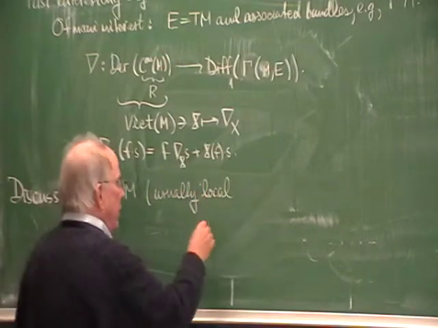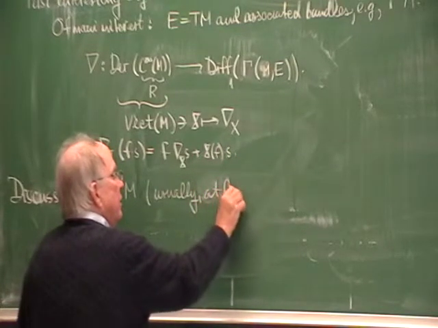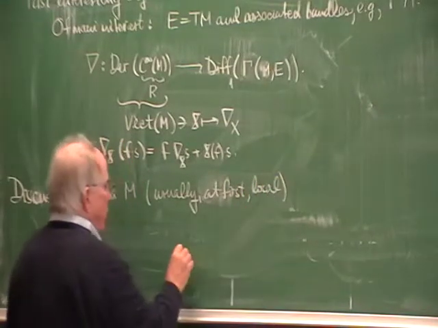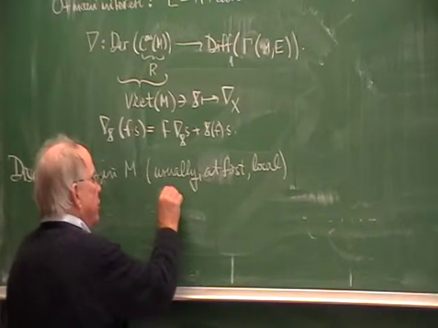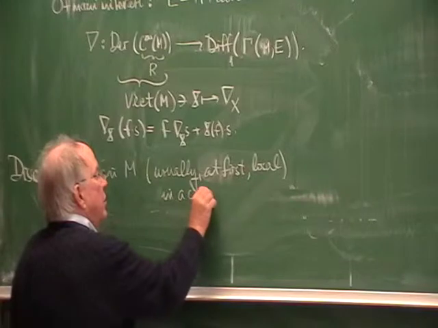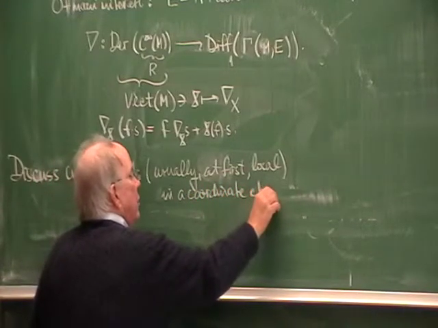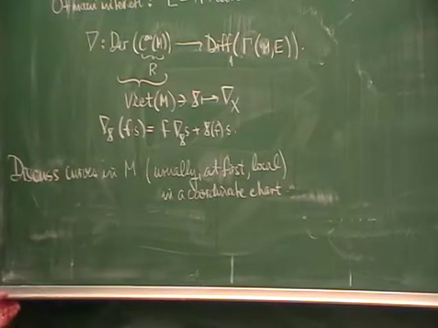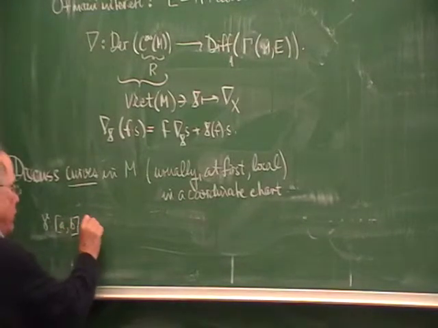So not global, usually, let's say at first in our discussion, they're local, so we don't worry about global phenomena at first, in a coordinate chart. And I denote a curve by mapping from a closed interval, but defined in the neighborhood of the closed interval, into the manifold.